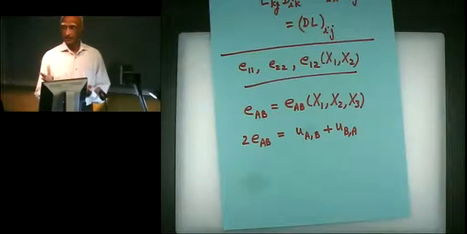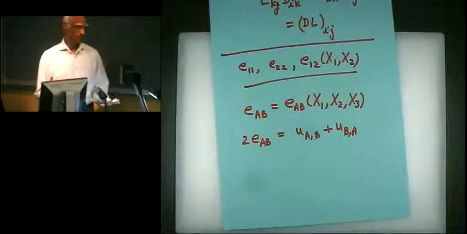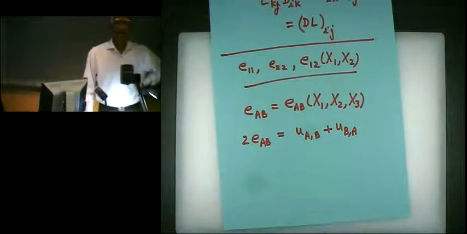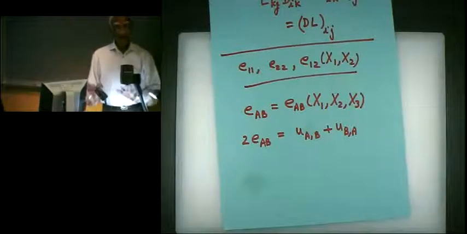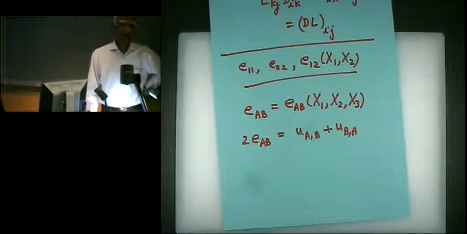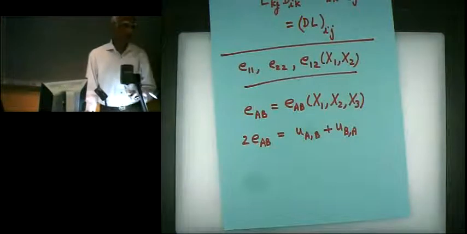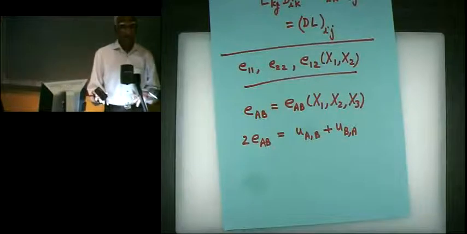The stress tensor is symmetric. That will not be valid if each particle has rotational as well as translational degrees of freedom. That is valid only if a particle has translational degrees of freedom. So the rotary inertia of these particles is basically 0, or we are neglecting it. We are not considering it.